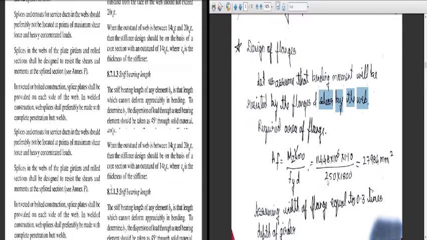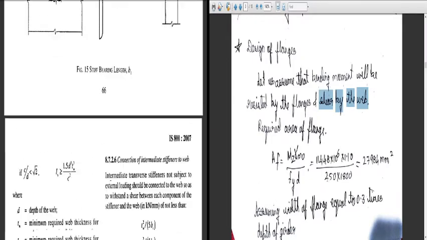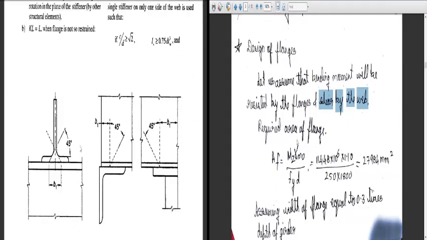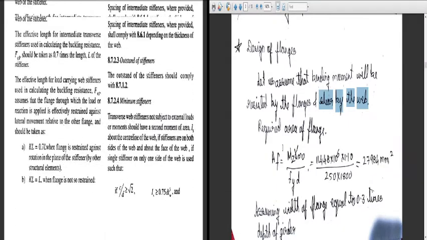So next part is, let us start with the design of flanges. Let us assume that bending moment will be resisted by the flanges and shear by the web. Remember, there is an I section. If you see in the codebook, here this is the web portion and this is the flange portion.